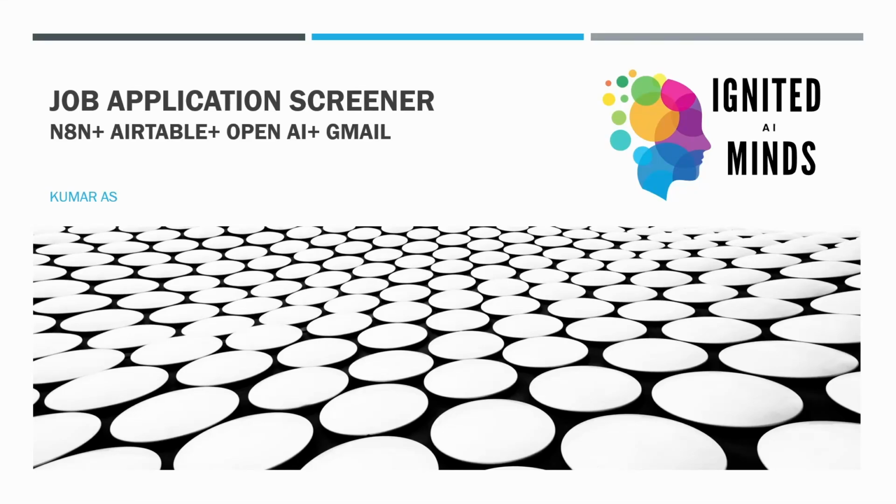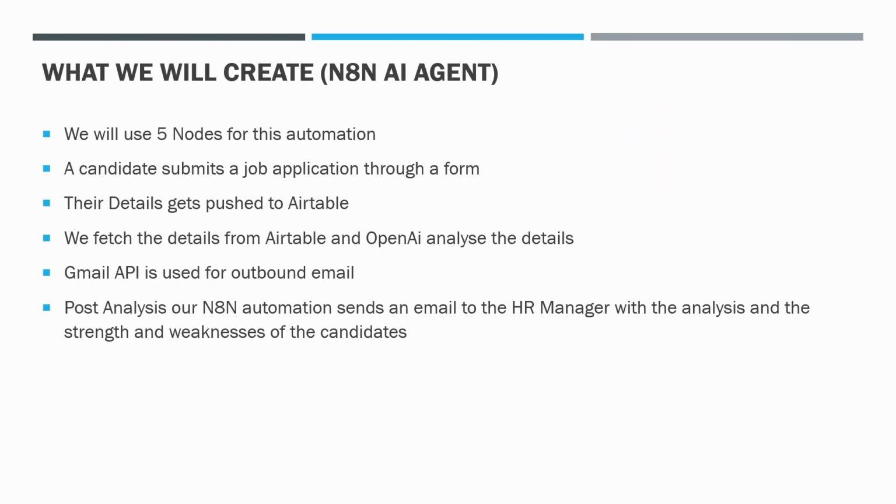So in this video we will use n8n to create a job application screener, and we will use multiple tools to do that. We'll basically use 5 nodes for this automation. The flow will be that a candidate will submit a job application through a form. These details get pushed to Airtable, and then we fetch the details from Airtable and an OpenAI message agent analyzes the details.